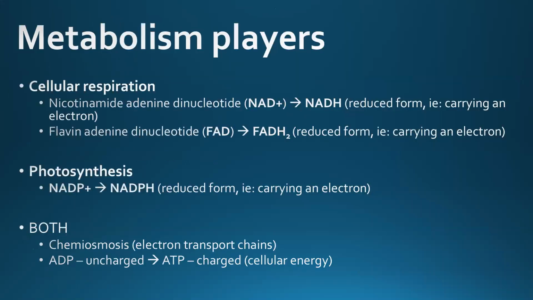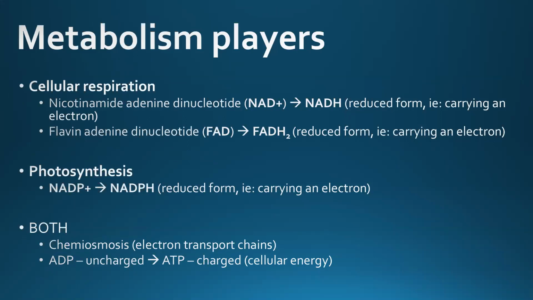So, metabolism players. We're going to talk about cellular respiration, and we're going to talk about photosynthesis. So, what we have are electron carriers, and there are two of them in cellular respiration. The first one is nicotinamide adenine dinucleotide, which is NAD+. NAD+ will produce NADH, because it is going to be reduced.